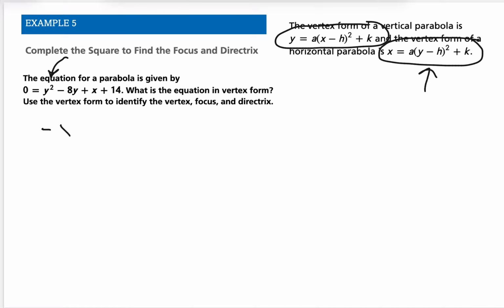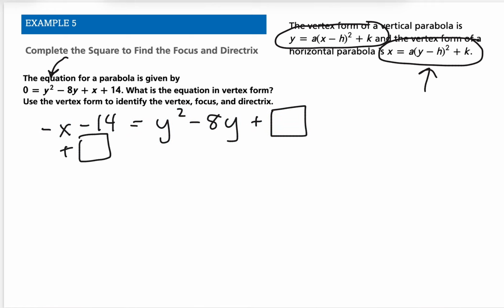So that's going to make this -x - 14 equals y squared minus 8y. And so why I'm doing this is because it actually sets me up to complete the square. So we're thinking about what number we can add to this side that is going to make this a perfect square trinomial. And I need to keep my equation balanced, so whatever I add to the right, I'm going to add to the left.